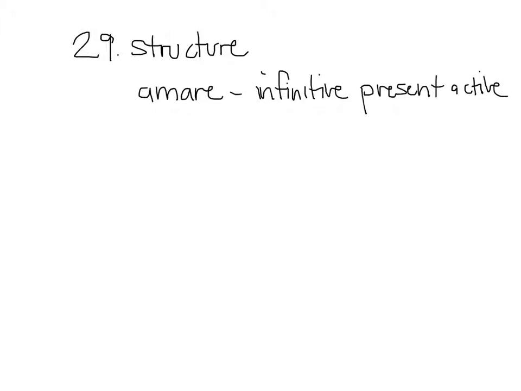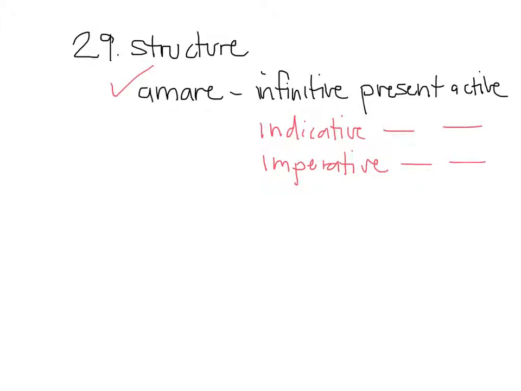That would be the third total verb form that you know how to conjugate now. You know the indicative present active, and you know the imperative present active. The second thing in the dictionary, all by itself without doing anything to it, is instantaneously the infinitive present active. And the way that you translate it is to love.